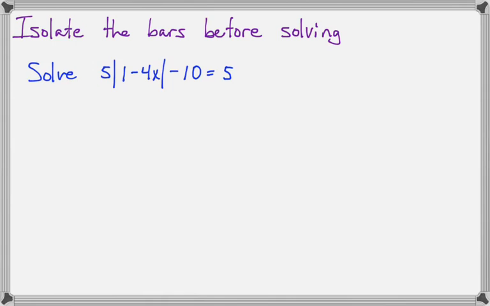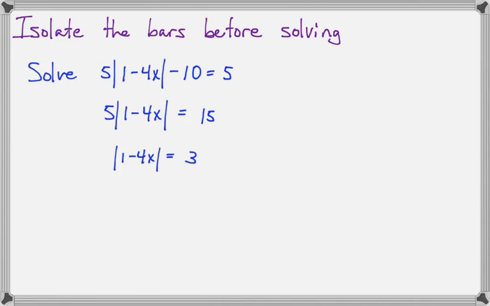Let's start by adding 10 to both sides. And so 10 plus 5 is 15. And now let's get rid of this 5 multiplier. So we will want to divide the 5 away. And if I divide the left side by 5, I just have the bars now. And the right side divided by 5 gives us 3.